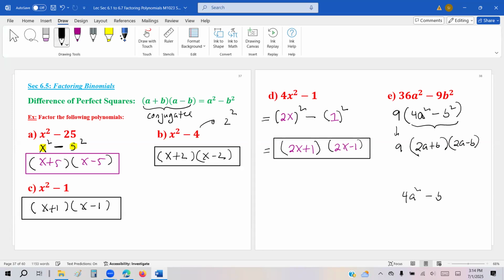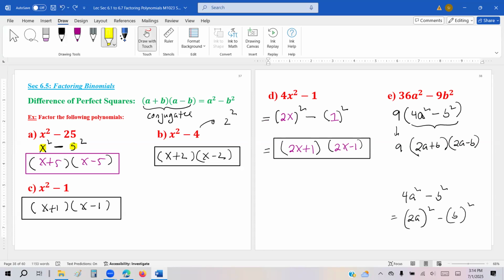Because 4a squared minus b squared is 2a whole thing squared minus the b squared. The bases we have are 2a and b. So you add them and you subtract them.